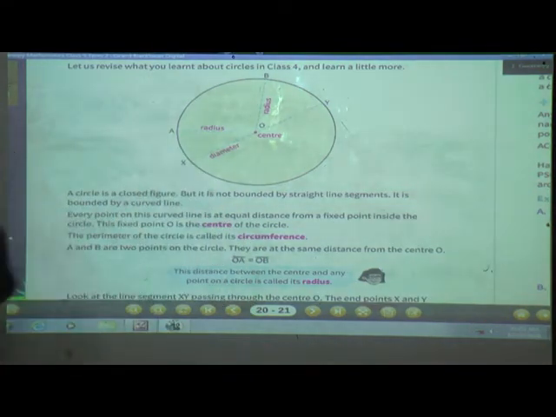That means they are of equal length. So students, this distance between the center and any point on a circle is called its radius.